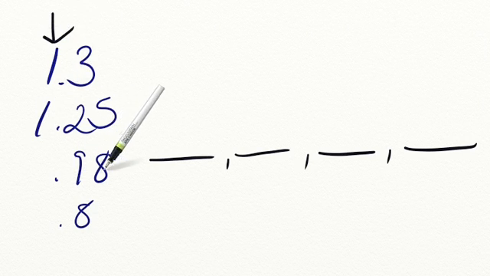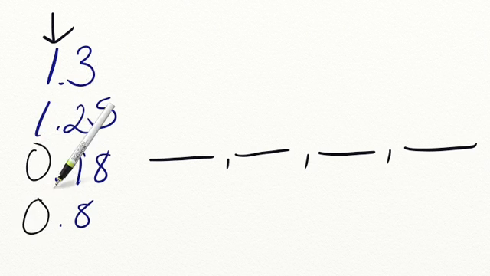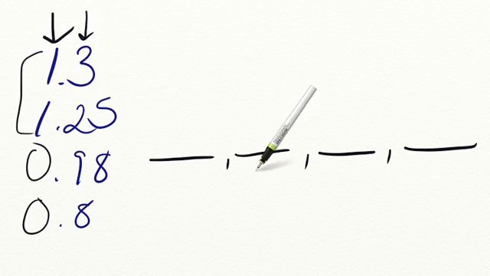Now, 98 hundredths and 8/10, they don't have anything in the ones place. So you can put zeros in the ones place if you want. But we have two numbers that both have a 1 in the ones place. So that means that we actually need to now move to the next place value to decide which one of these numbers is larger.